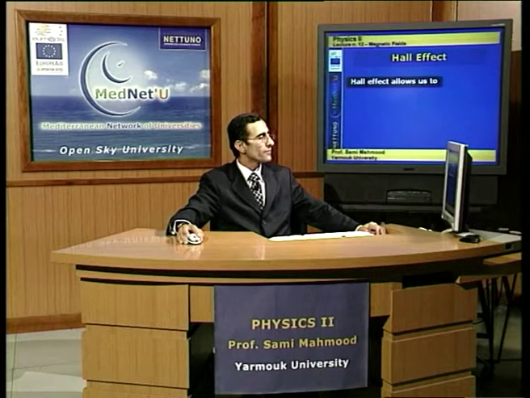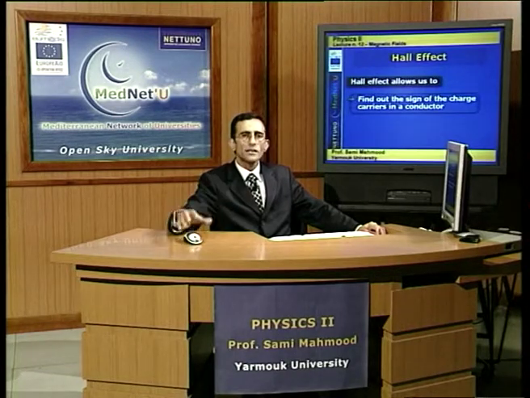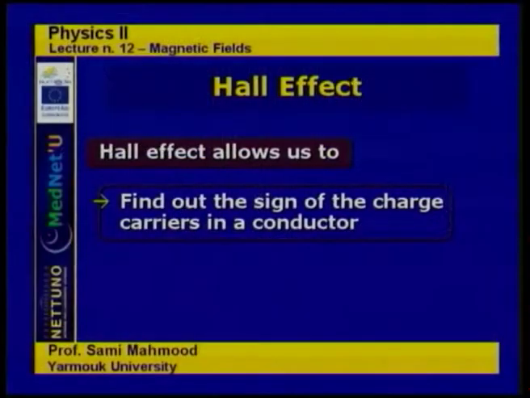Analyzing all the equations and the parameters included in this effect would allow us to find out the sign of the charges that carry or transport the current in a conductor. So when we talk about current, we ask, what are the carriers of current? Are they the positive ions?